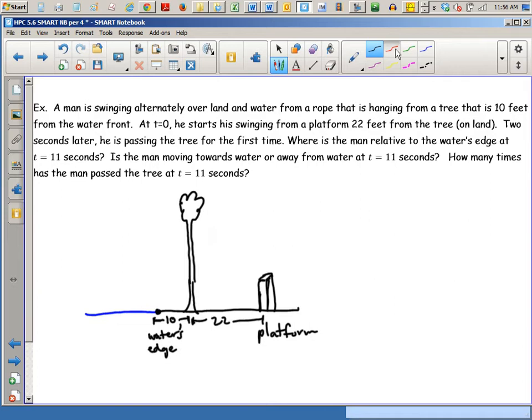But this way, if the person's on a rope, swinging, he can swing freely back and forth without hitting the ground. So this is what his motion is going to look like. It's going to swing like this, and then he'll come back again. Or he might decide to let go and go splashing into the water. It all depends on his mood at the moment he reaches his leftmost point.